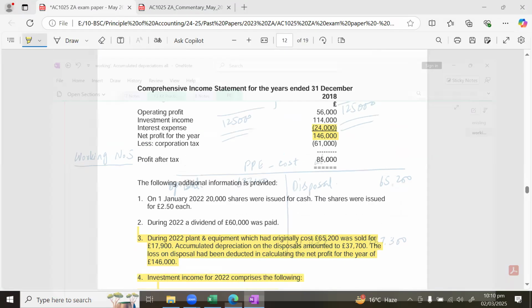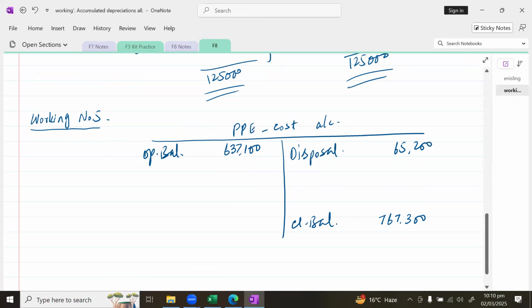So addition will be 65,200 plus 767,300.